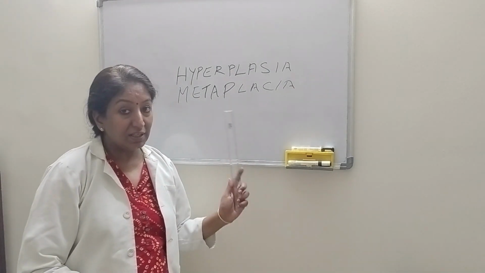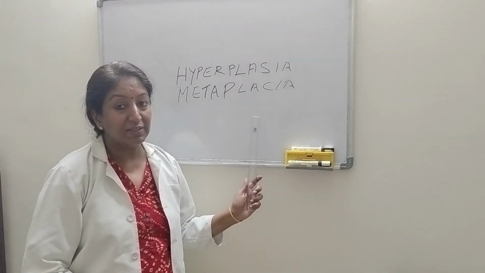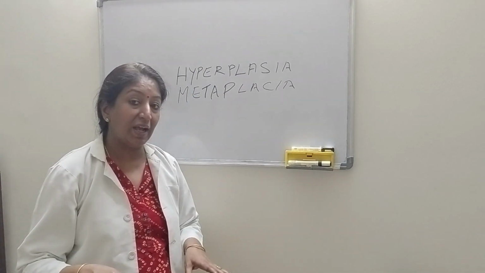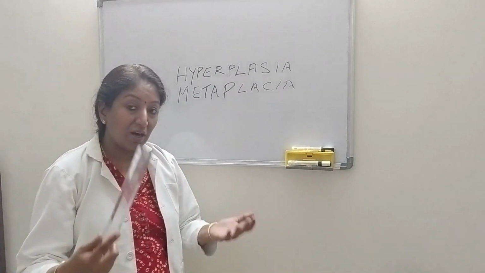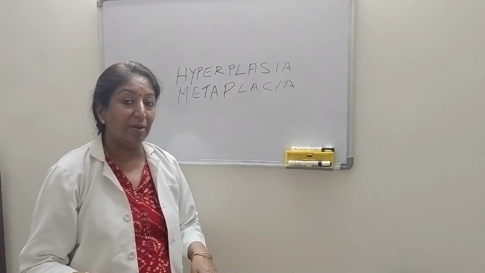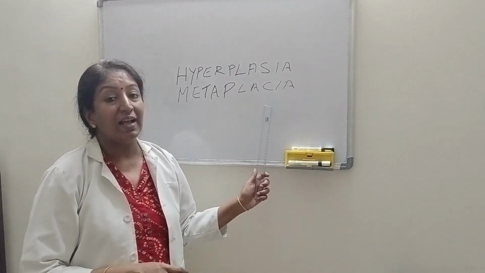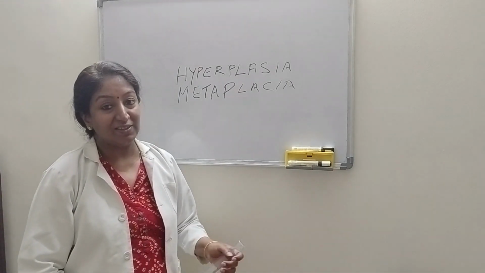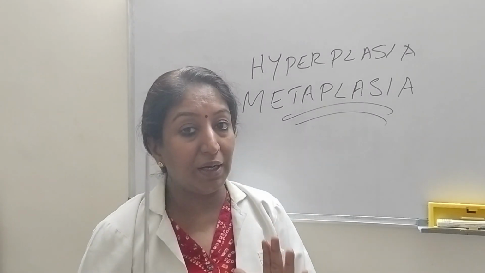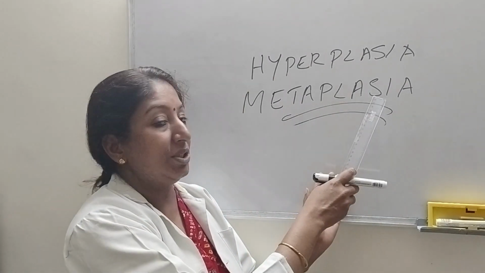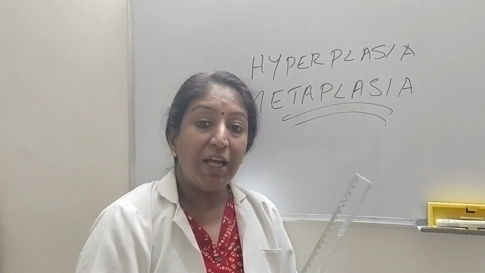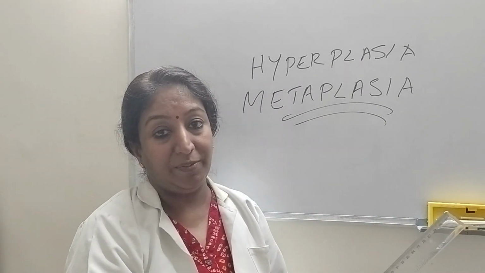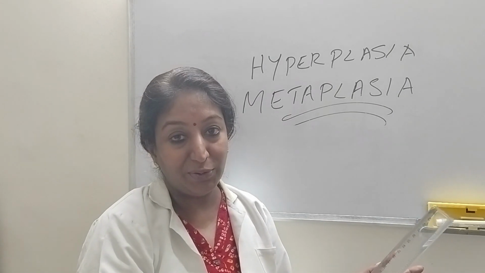So in Barrett's esophagus, the normal squamous epithelial lining of the lower esophagus is replaced or converted into columnar epithelium due to chronic acid reflux. That condition is called Barrett's esophagus. So now you might have understood what is metaplasia. Metaplasia is one type of cell converted into another type. Is it clear for you?